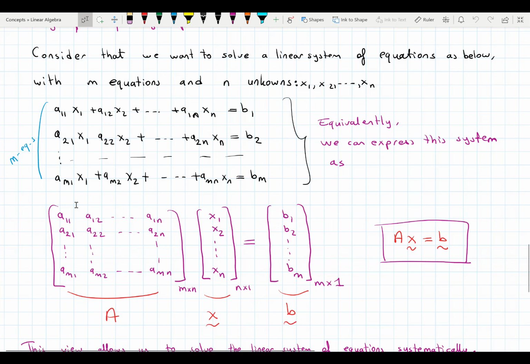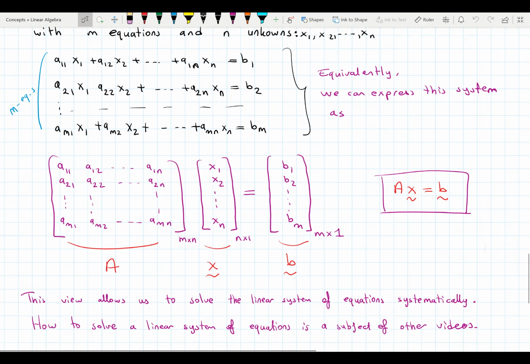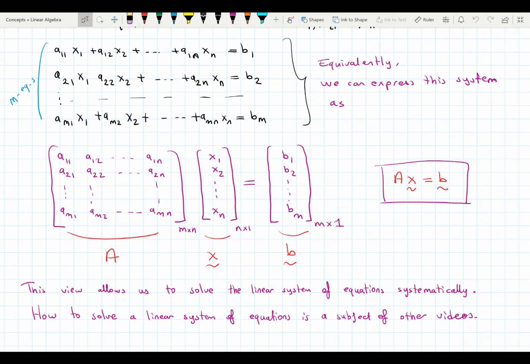We can call this coefficient matrix A, we can view this one as the column vector X, and this one as the column vector B. So this linear system of equations can be expressed as Ax equals B in terms of matrices. As we see, this is a much simpler way to look at a linear system of equations. And this will lead us to a systematic solution for linear systems of equations.